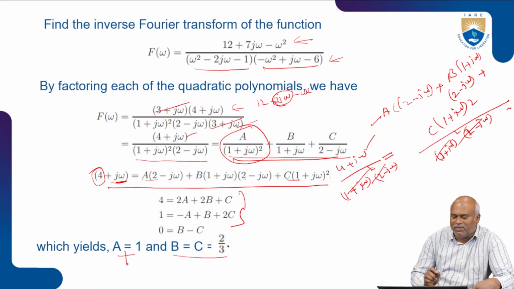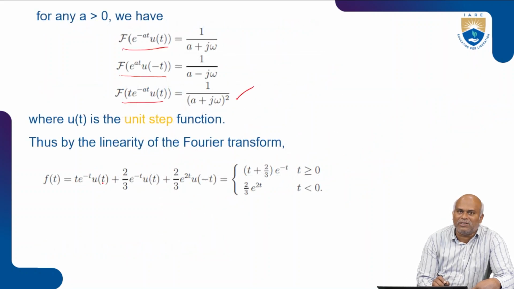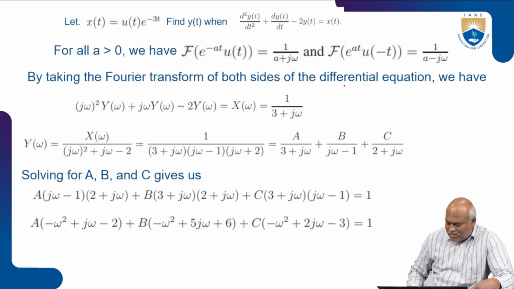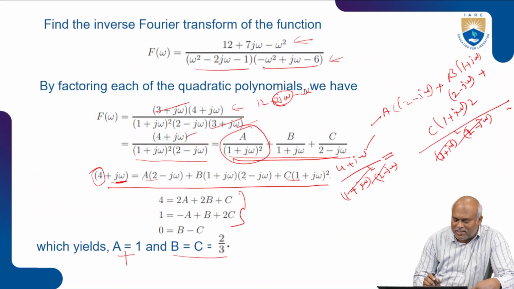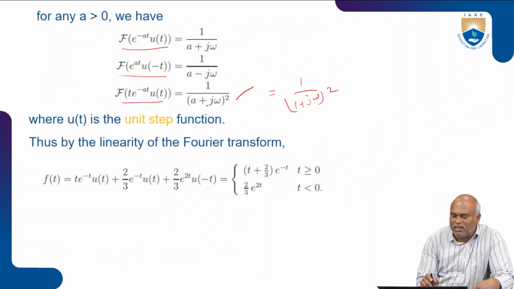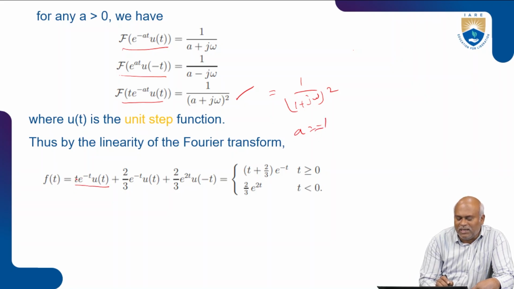So now I write t e^(-t)u(t). This term is equal to a/(1+jω)², and since a is equal to 1, you can substitute the value a = 1 here. Then t e^(-t)u(t) I wrote.